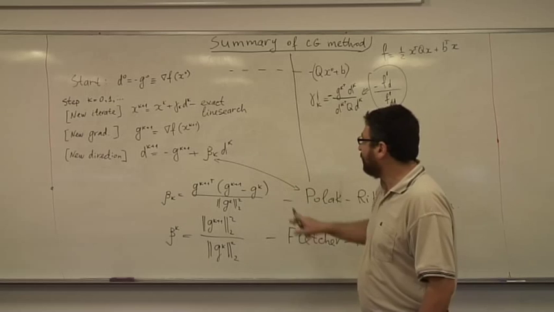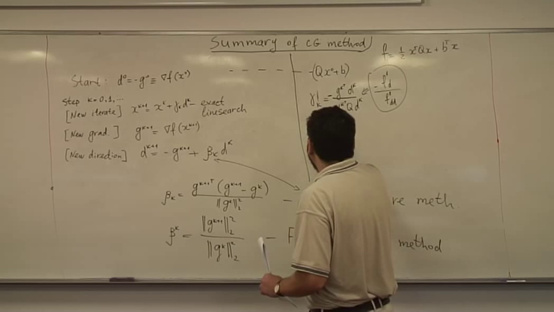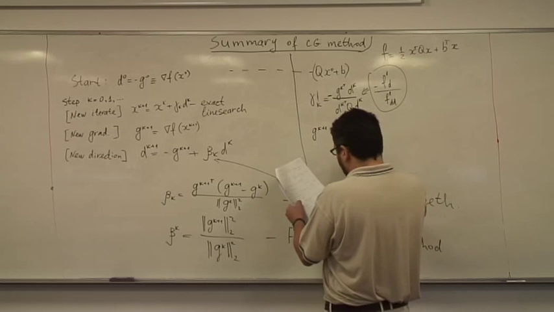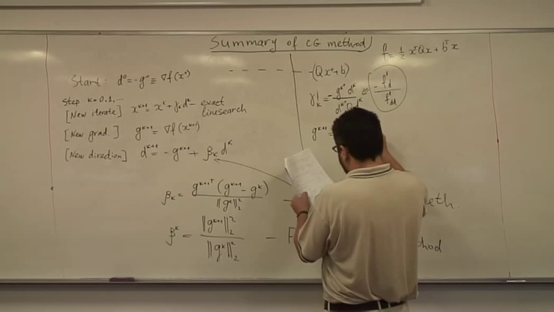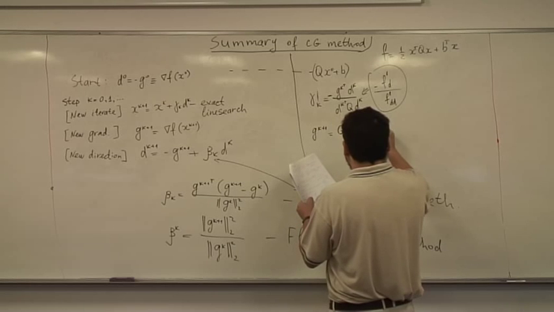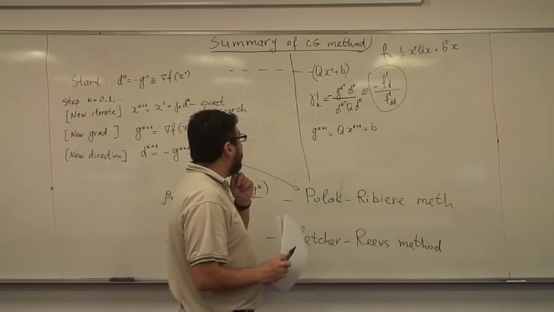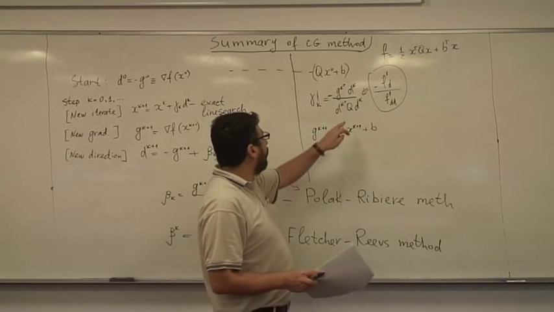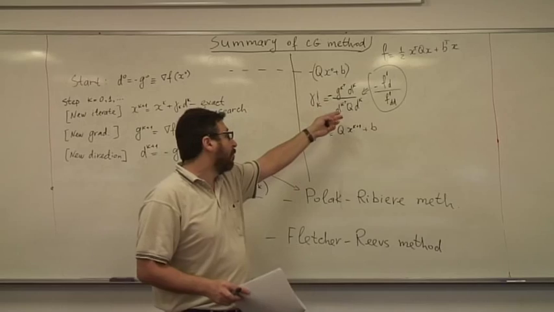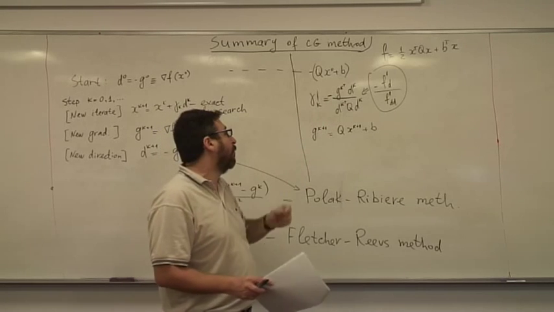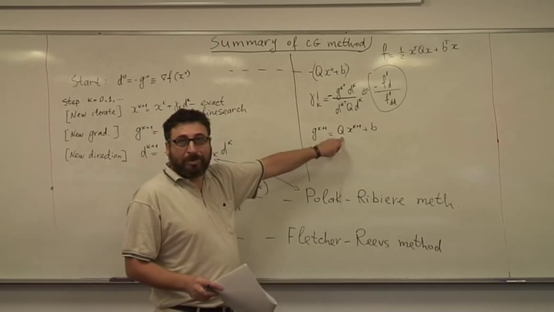Now we need to compute g_{k+1}. Let's write it again. g_{k+1} is Q x_{k+1} plus b. And if, for example, you already computed Q d_k for computing the step size, you don't need to compute Q x_{k+1} again.